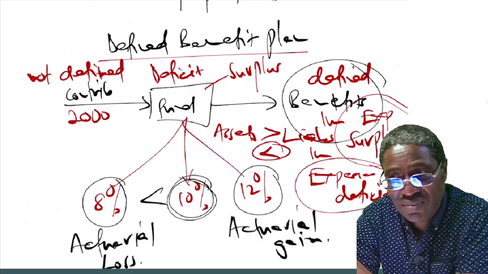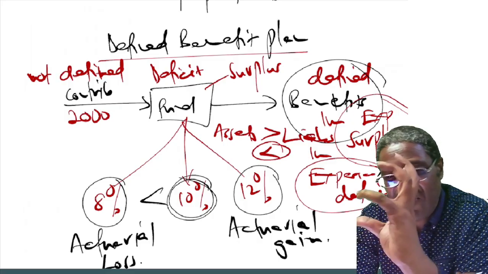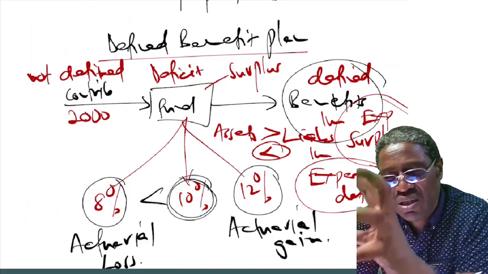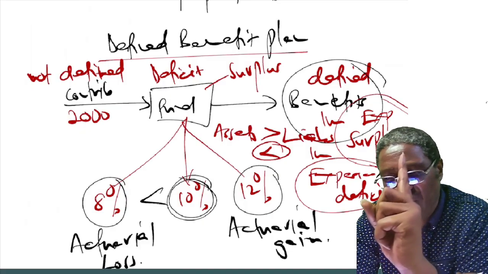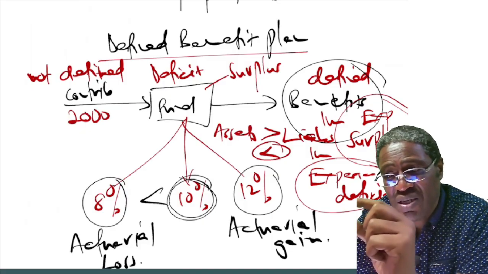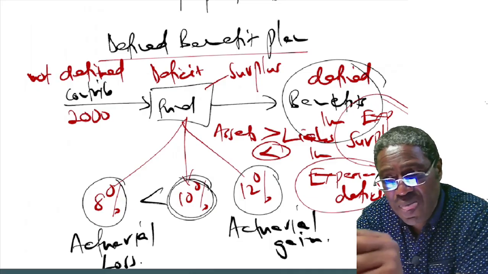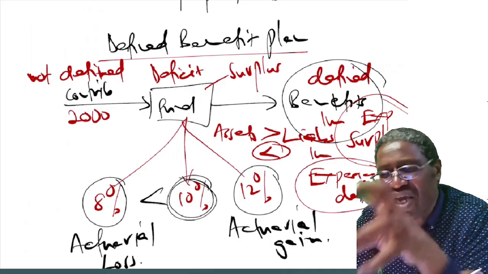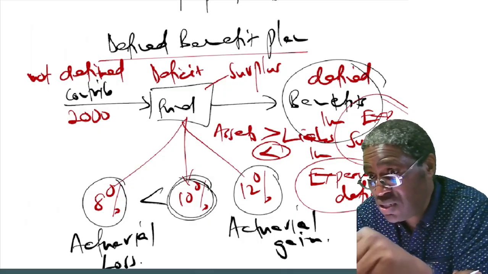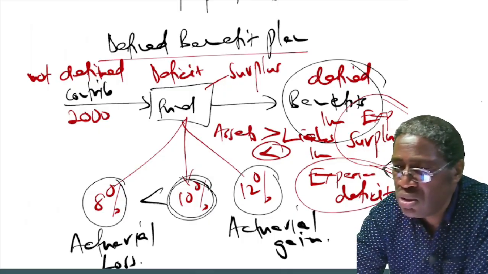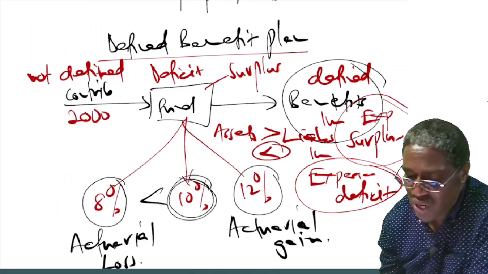Now listen, I've defined what's an actual gain, actual loss. I've defined what's an experience surplus, experience deficit. Listen, but these are still terms which are related. Listen to this. I told you we projected to earn 10%.